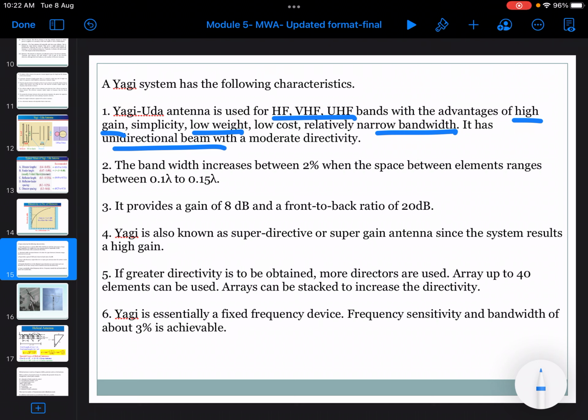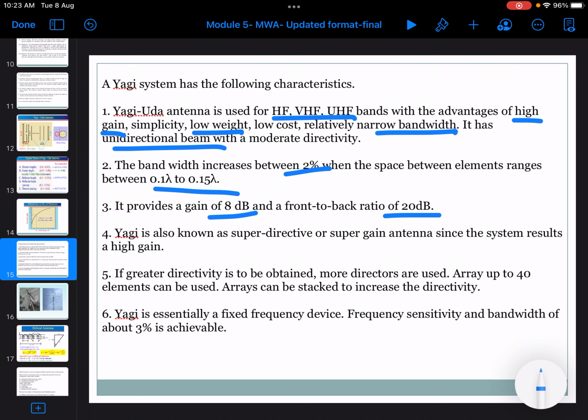The bandwidth is increased by 2% by increasing the spacing between 0.1 to 0.15 lambda. It provides a high gain of about 8 dB with only 3 elements, giving a front to back ratio of 20 dB. That means maximum radiation will be in the front direction compared to the back direction.